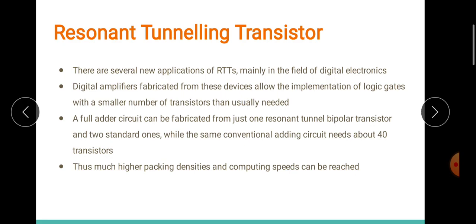RTTs are commonly being used, and a beautiful advantage is that they have huge packing densities and computation speeds much better than the other conventional devices. Because of all these reasons, research is still being done on this particular kind of nanostructure device.